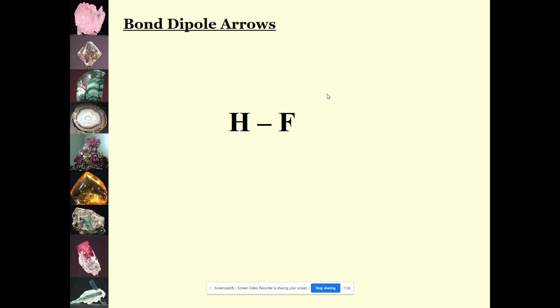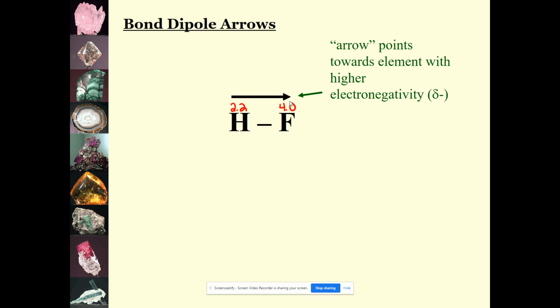Now you may be asked to draw a bond dipole diagram, sometimes also called bond dipole arrows. In order to do that, you again figure out the electronegativity of your two atoms that are sharing electrons. Whichever one is higher, the arrow points towards it, and you label it as the slight negative.